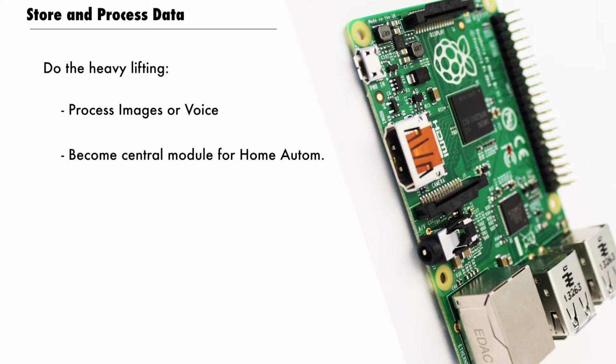If you think about a standard home automation, you have small modules. For example, you have smart light bulbs, smart temperature sensors, smart mains outlets, and all they are responsible for is switching and reading sensors.